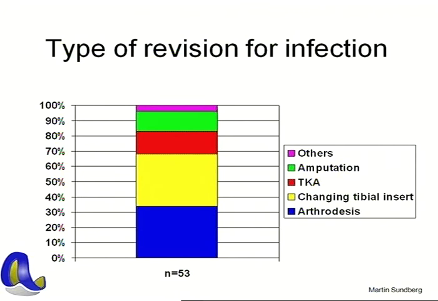We had changing of the tibial insert and also amputation as major procedures. The problem with these patients in Sweden is that in many cases they are not handled in the orthopedic units but in other units, and the surgeons might not consider an amputation or arthrodesis a revision, and therefore they are not reported. And also changing the tibial insert, leaving the other components in place, some don't think it's a true revision.